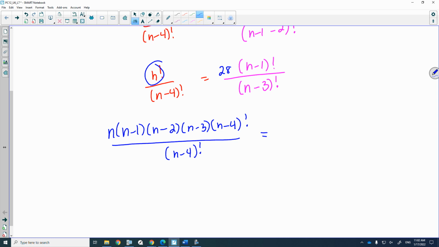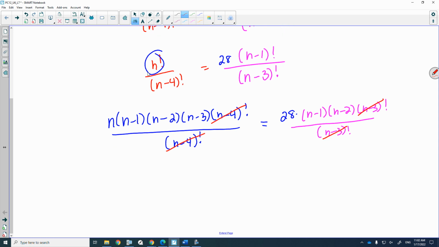We're going to do the same thing on the right-hand side. So it's going to be 28 times, I'm going to unzip the numerator. So n minus 1, n minus 2, n minus 3, stop factorial, all over n minus 3 factorial. n minus 4 and n minus 4 factorials would cancel. n minus 3 and n minus 3 would cancel.